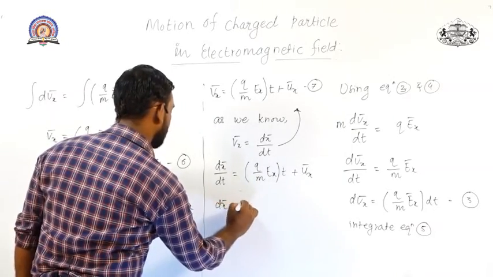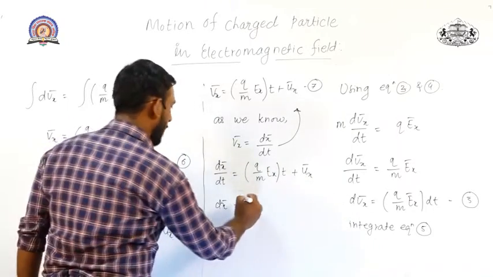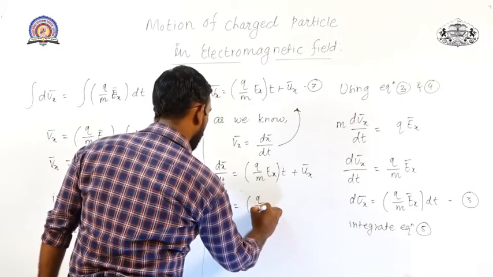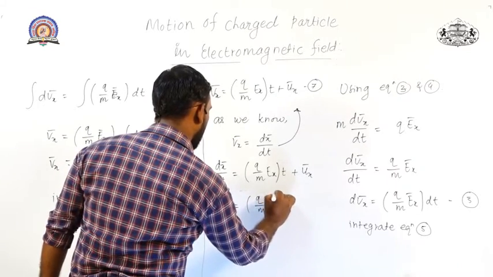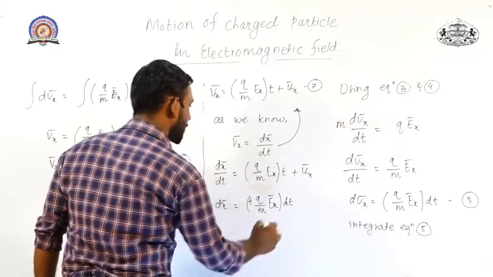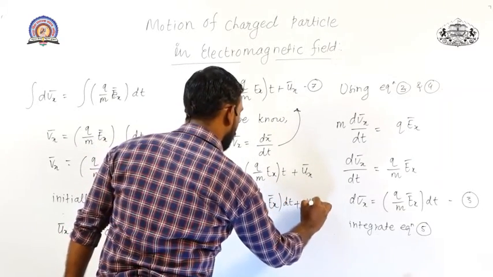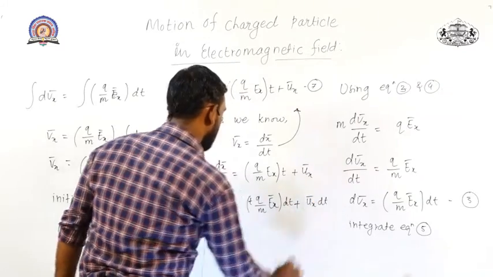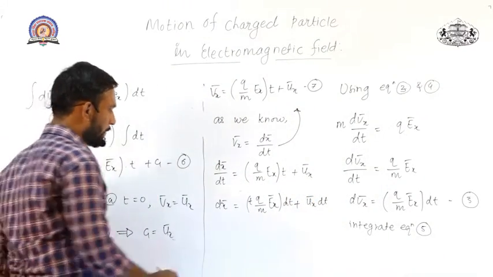Multiply by dt on both sides, so you will get dx equal to q upon m Ex t dt plus ux dt. Integrate the above equation.